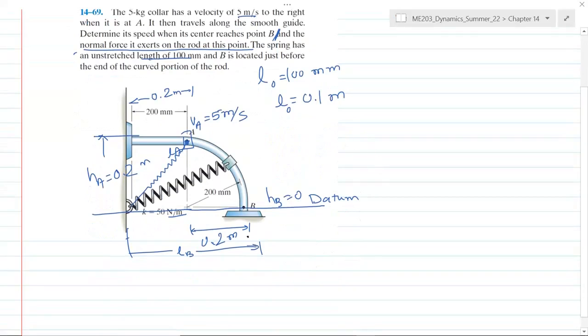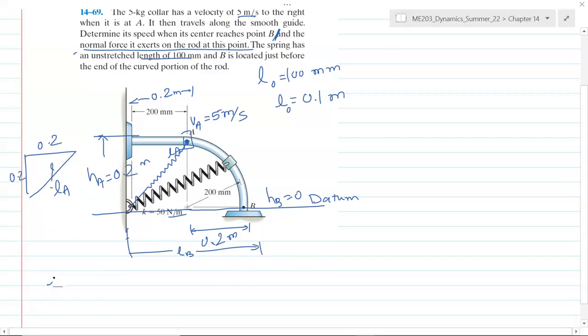So let's calculate the length of the spring when its collar is at A, which is the length of this line here, which is the square root of 0.2 square plus 0.2 square. It's a triangle here. So we need to calculate LA. We know this is 0.2, we know this is 0.2, so we can calculate this using Pythagoras. So LA is the square root of 0.2 square plus 0.2 square, which is 0.2828 meters.